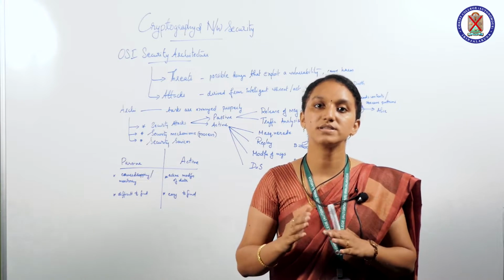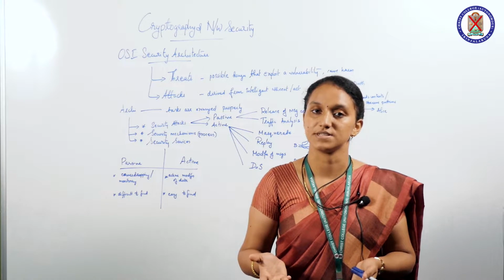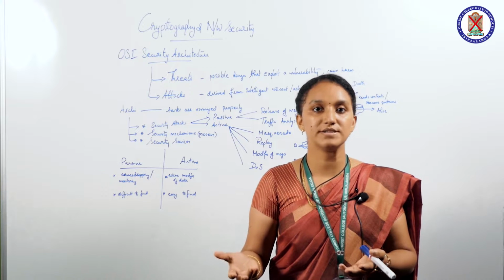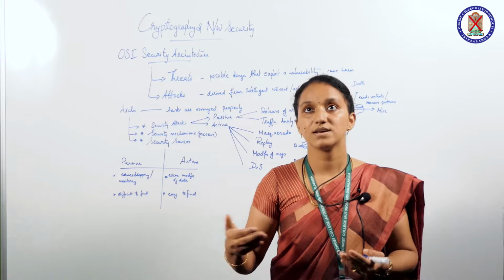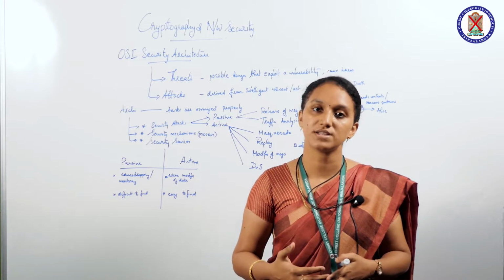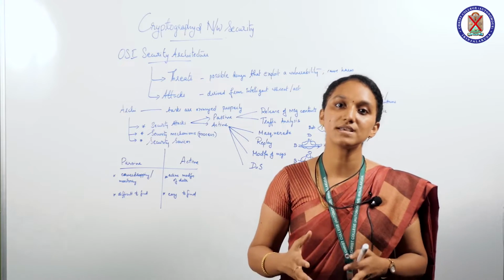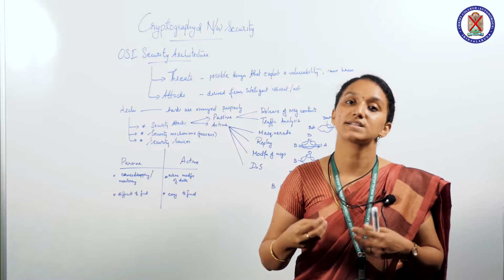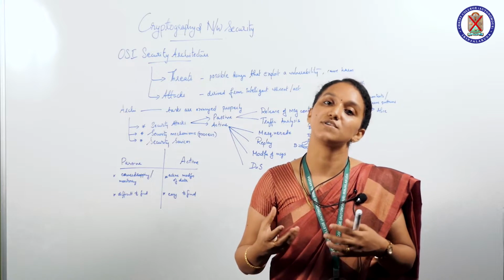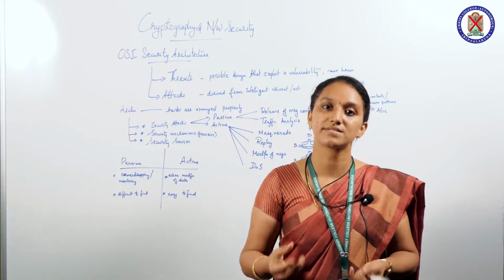Both the terms threat and attack sound familiar, but there is a difference, right? For example, flood is a threat to the people living in the coastal area. Attack, nations attack each other for some reason or the other. So both are different. In theoretical classes, you can say a threat is a possible danger that causes violation of some vulnerability. So it causes harm, that is a threat.